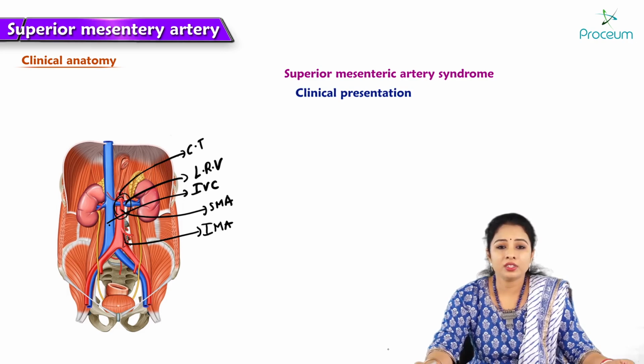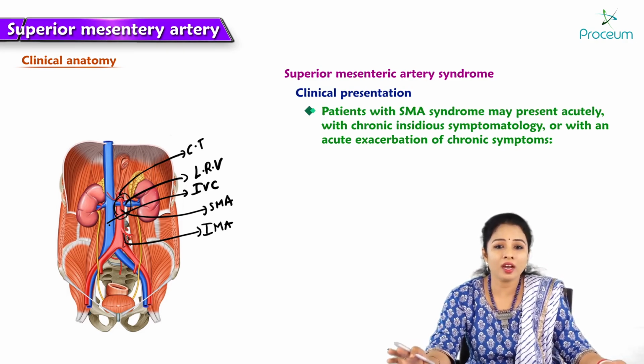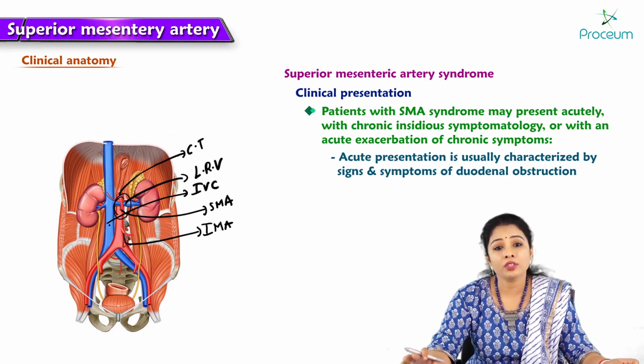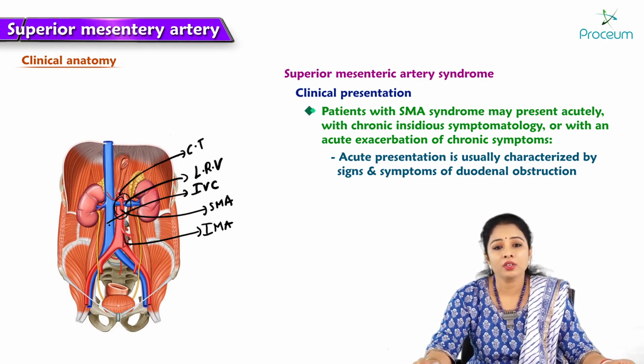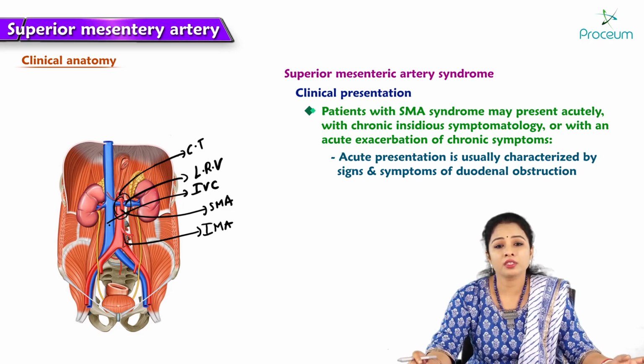Clinical presentation. Patients with SMA syndrome, that is superior mesenteric artery syndrome, may present acutely, with chronic symptomatology, or with acute exacerbation of chronic symptoms. So acute presentation is usually characterized by signs and symptoms of duodenal obstruction.